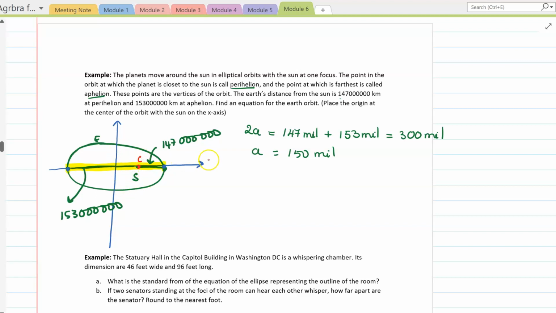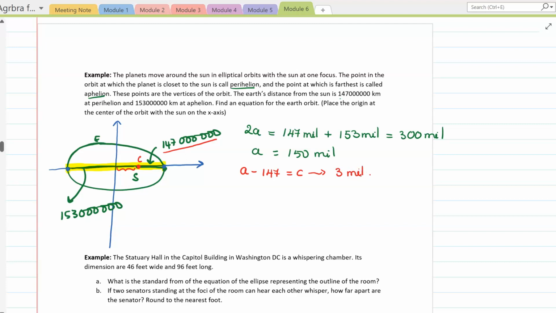And if we place it at the focus, c is where the focus is, that's where the Sun is. This distance here can be solved by taking a minus 147 million. So a minus 147, that will give us c. So c equal to 3 million.